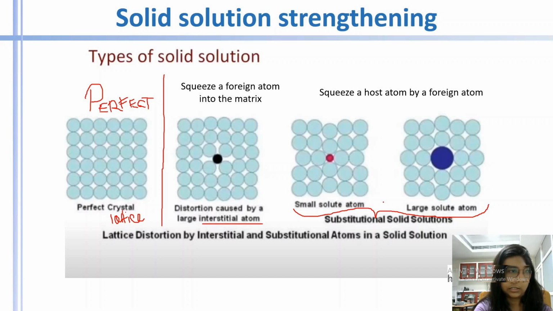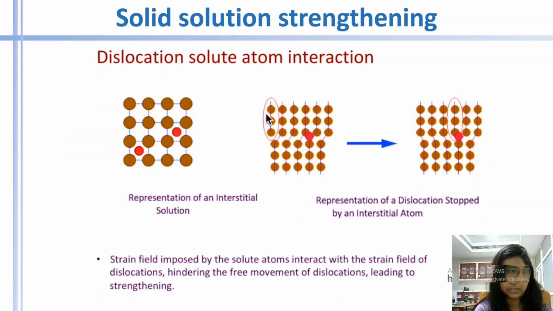Why will there be distortion? This is a representation of an interstitial solid solution. This was the host lattice, and in between these are the interstitial atoms.